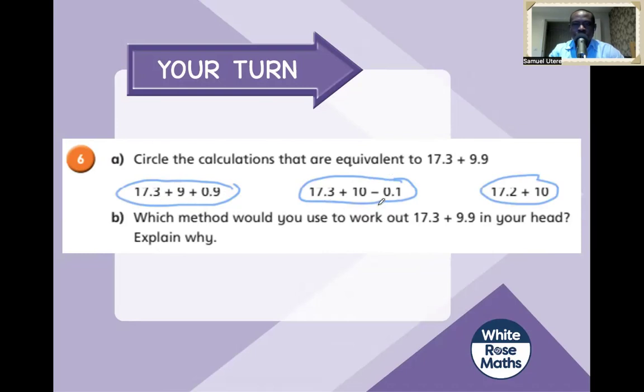This has been written in a different way. So 9.9 is the same thing as 10 minus 0.1. And then this is the same thing as adding 1 to this, adding 0.1 to that, but also negating it by subtracting 0.1 from this. So they all represent the same calculation.